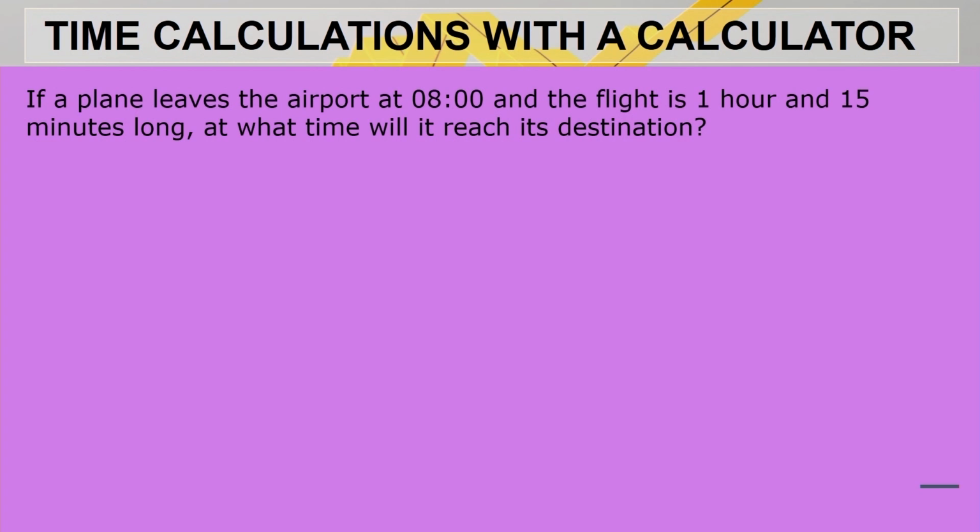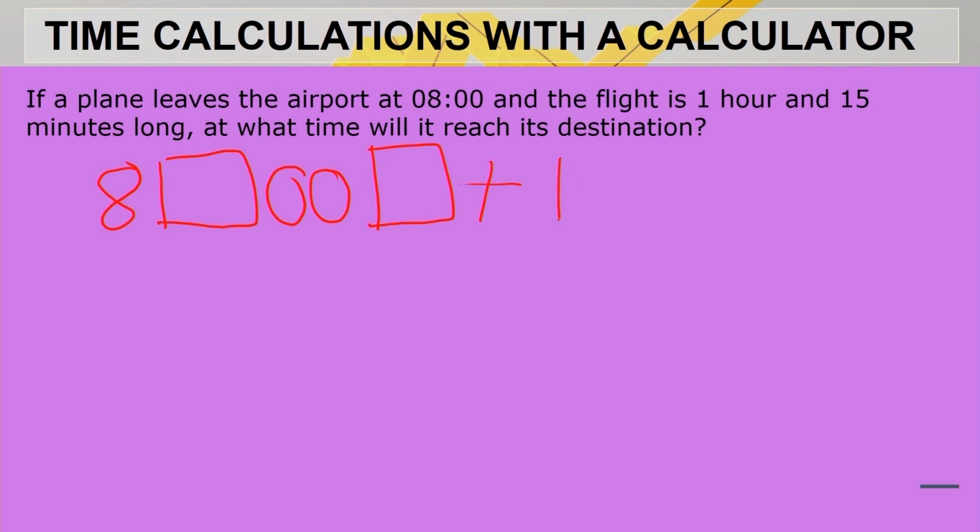How are we going to do this? On your calculator, you say 8, and then you press that button, and then 00 for the minutes, and you press the button again.